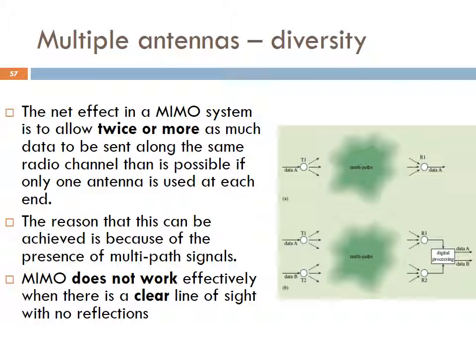This is illustrated in the following figure, where in part A we have a multipath environment. We have a space wave received at a receiver that requires processing for recovering the data transmitted by T1. In part B we see that we can add digital processing at two receivers instead of one receiver to regenerate the data sent by two different sources instead of one.